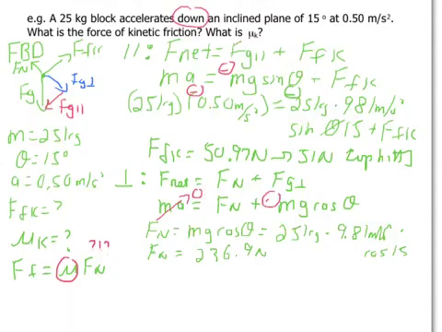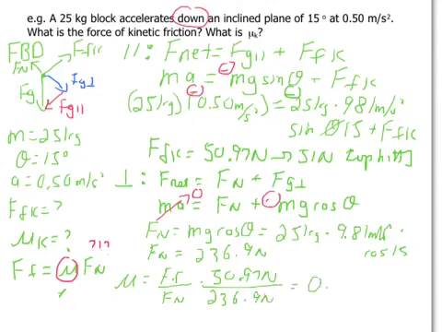Now lastly, we can finally find the coefficient of friction. Solving for the coefficient of friction, mu equals Ff divided by Fn equals 50.97 newtons divided by 236.9 newtons, and that is equal to 0.22.